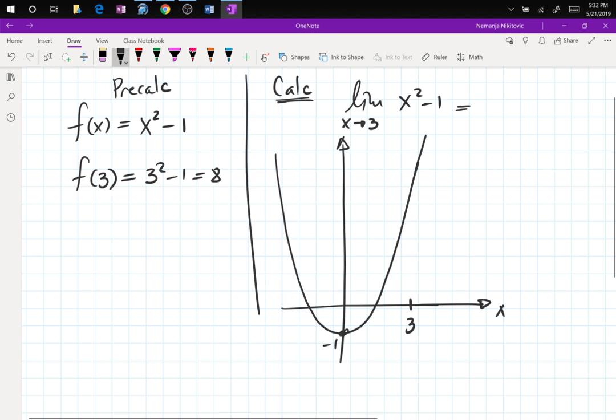This 3, looking at the pre-calculus, will give us a value of 8, which is the answer we're looking for. So if you are dealing with your pre-calculus concept, all you need to do is draw the vertical line until you cut the function, and then you cut across to y, and wherever it crosses it, that's the y answer. So what you see in this drawing right now is what the pre-calculus does.